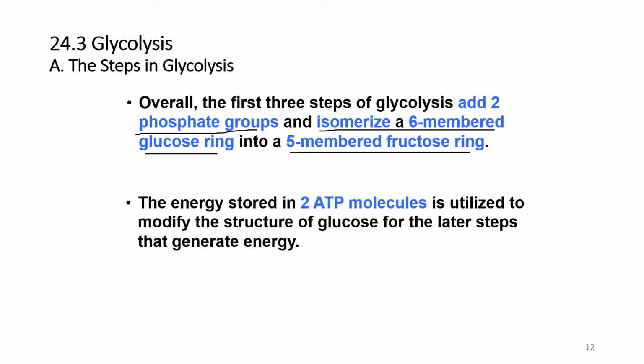And we have utilized energy stored in the 2 ATP molecules. We're using energy right now to modify that glucose, but that contributes and helps the generation of energy in later steps.